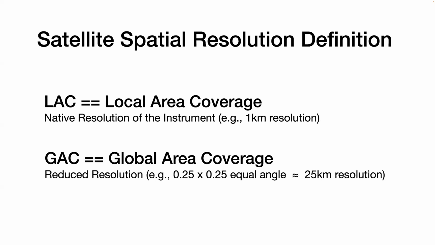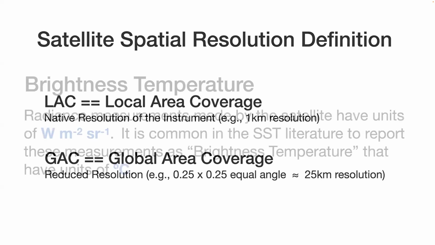There are variable resolutions for GAC coverage. It could be 4 kilometers, 9 kilometers, 25 kilometers, etc. So there's no one fixed GAC resolution. It's just reduced resolution, and there are a number of different levels of reduced resolution.